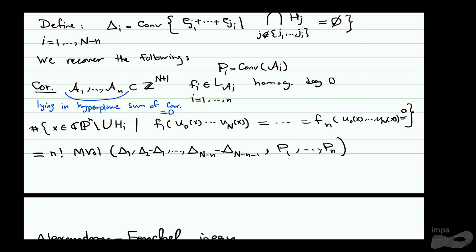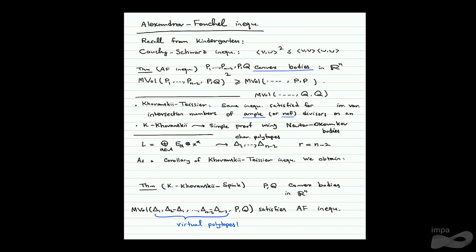Okay, and then finally we get to the Alexandrov-Fenchel inequality, which has played an important role in geometry and analysis, and recently, by the work of Junha and collaborators, a very important role in combinatorics, proving a lot of conjectures. For people who have not seen this inequality, which involves mixed volume of polytopes or convex bodies, it's a reverse Cauchy-Schwarz inequality for mixed volume. From kindergarten, if you remember, the Cauchy-Schwarz inequality is this.